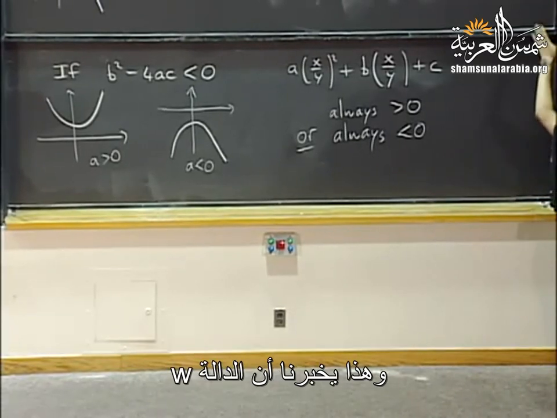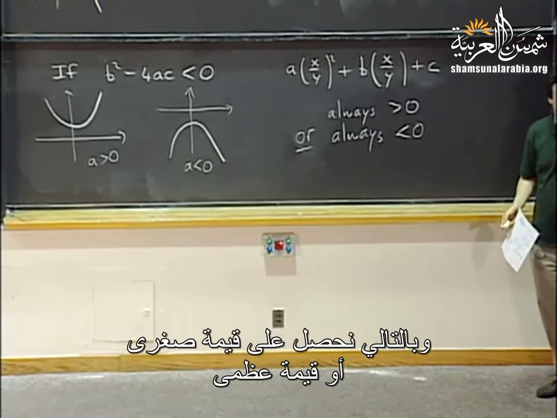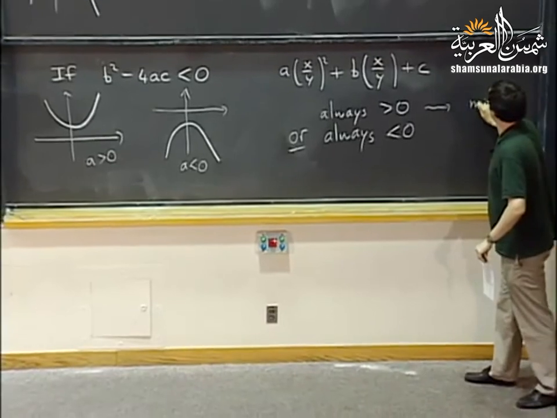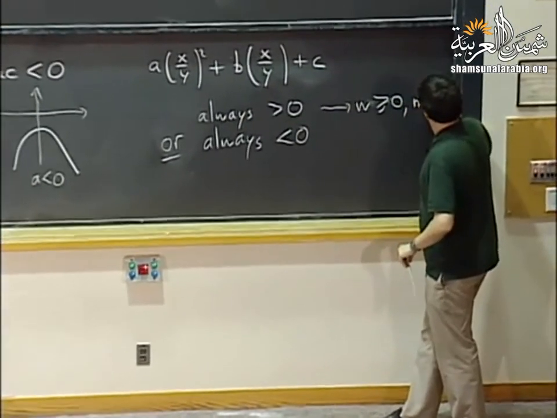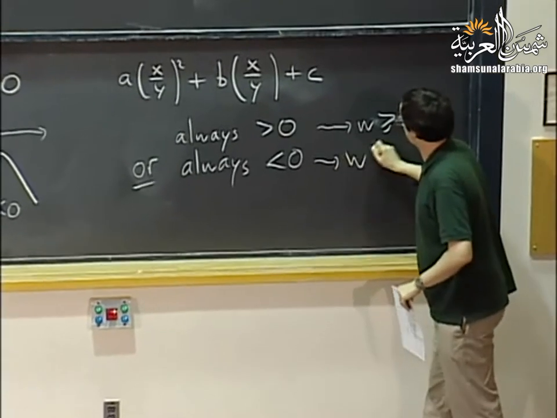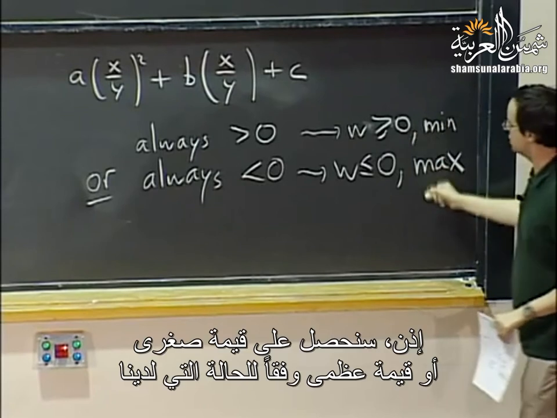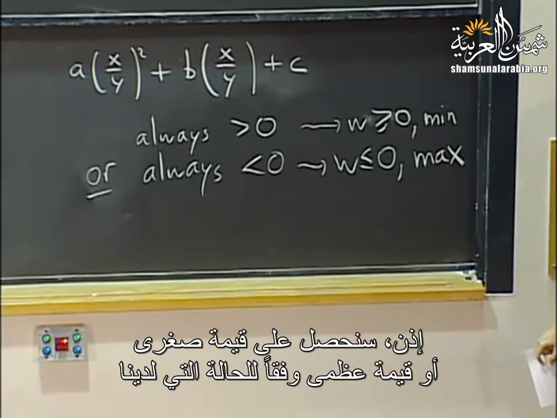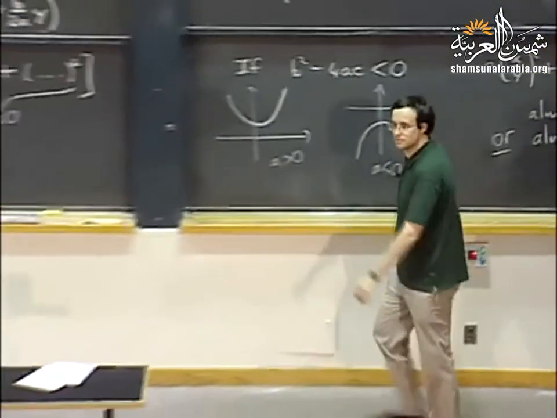And then that tells us that our function w will be always positive or always negative, and then we'll get a minimum or a maximum. Okay, we'll have a min or a max depending on which situation we're in. Okay, so that's another way to derive the same answer.